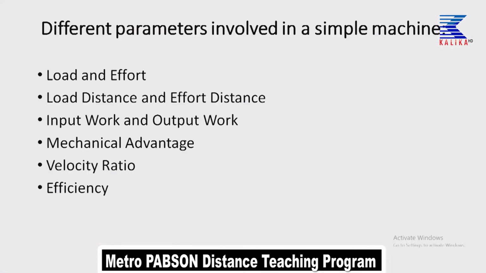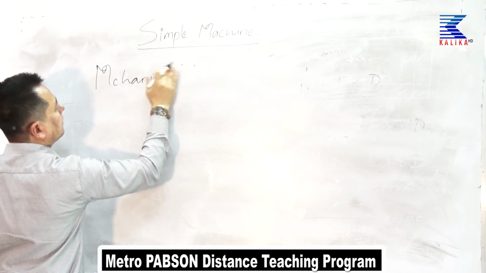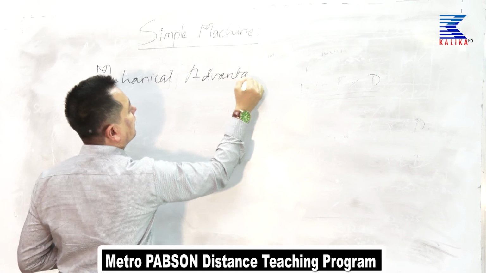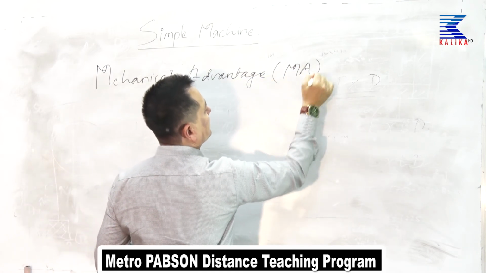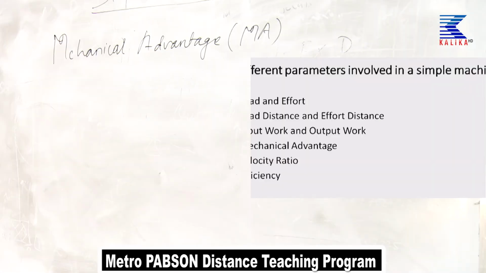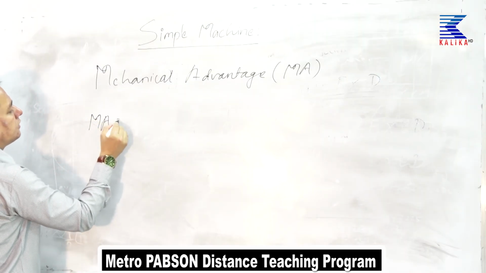Next parameter, mechanical advantage. In short, we may write it with the capital letters M and A, MA. Now, what is it?